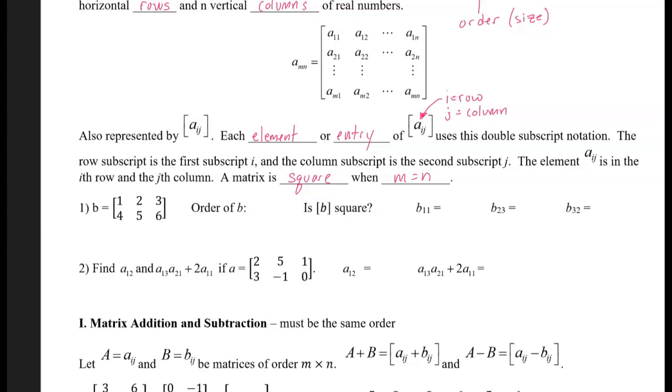So let's try applying some of this. All right. So first we're finding the order of B. Remember, order is like size. So when we're stating the size or order of the matrix, we list first the number of rows and then the number of columns. So how many rows does this matrix have in number 1?